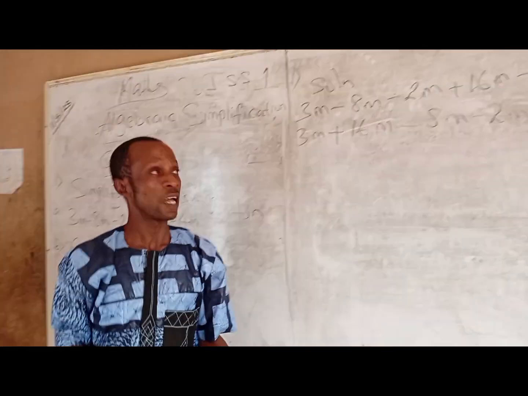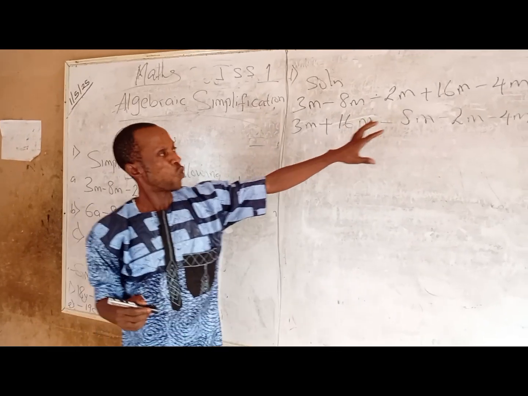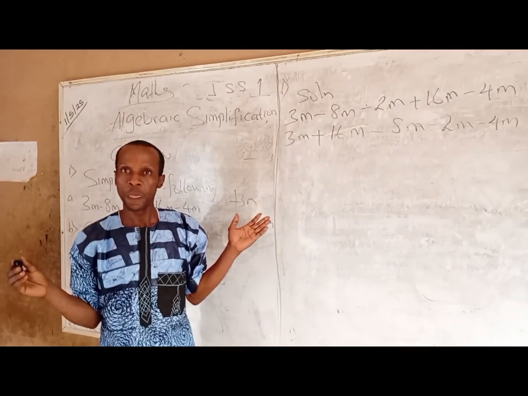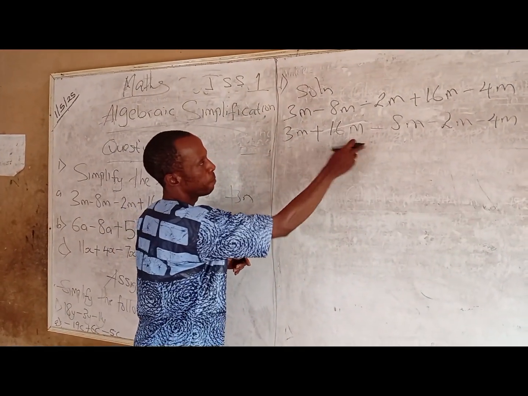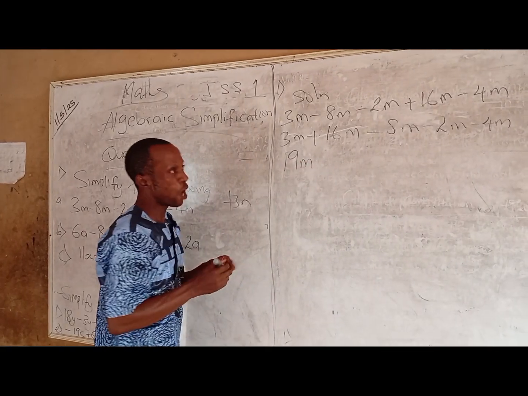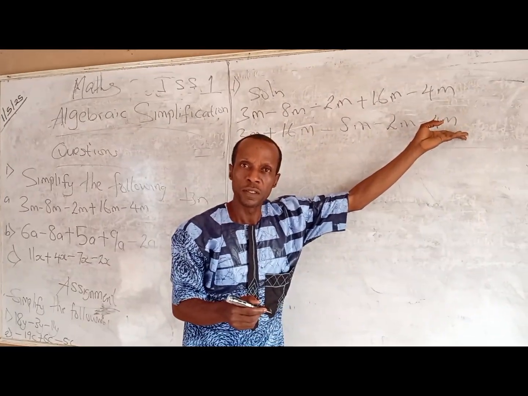I told you in our last class that plus is a credit, while minus is a debt. So it's like you are having plus 3m plus 16m give plus 19m. Now these numbers are the money you are owing.